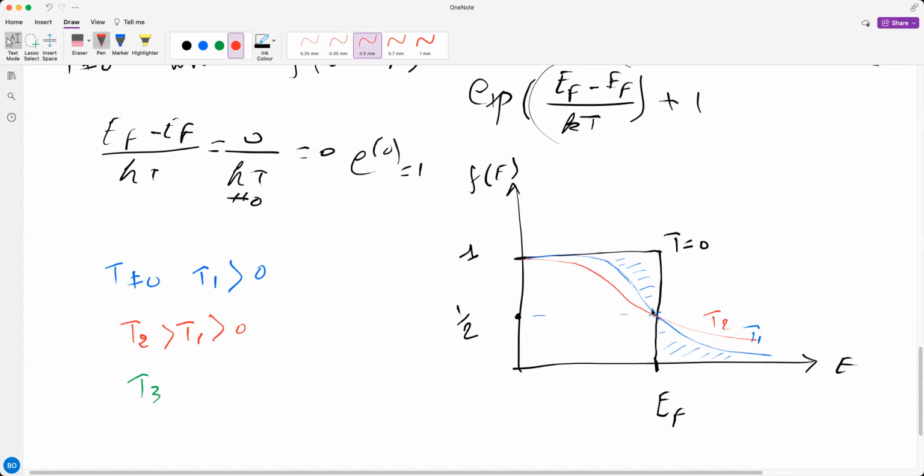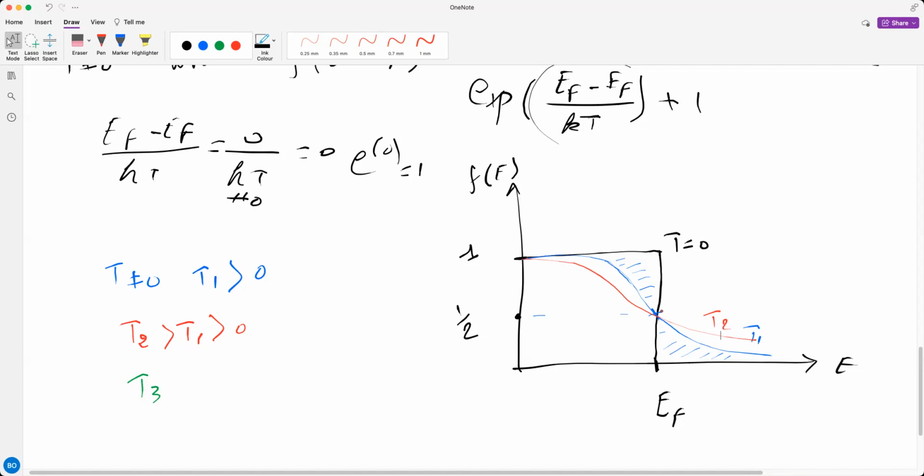So this is what the Fermi-Dirac distribution is giving us. Now, there are two characteristics of the Fermi level. At temperature 0, all energy states that are below the Fermi level are fully occupied, because their probability of occupation is 1, and all the energy levels above the Fermi level are empty.